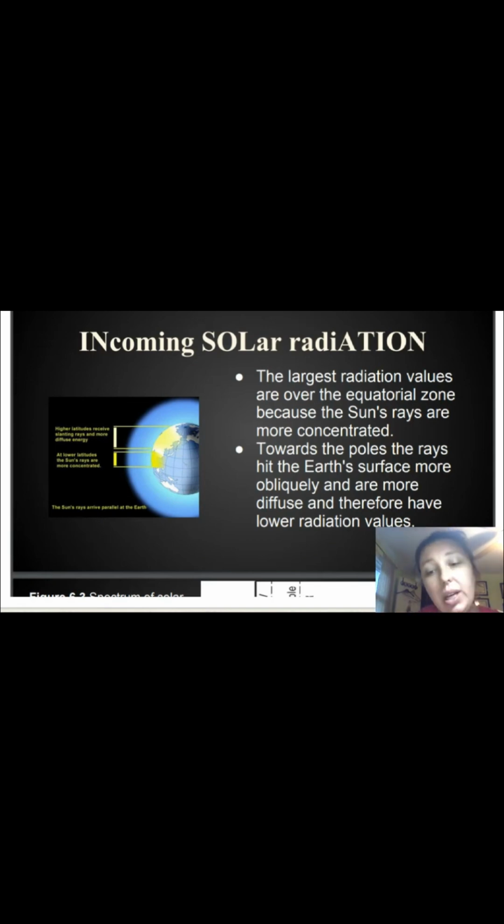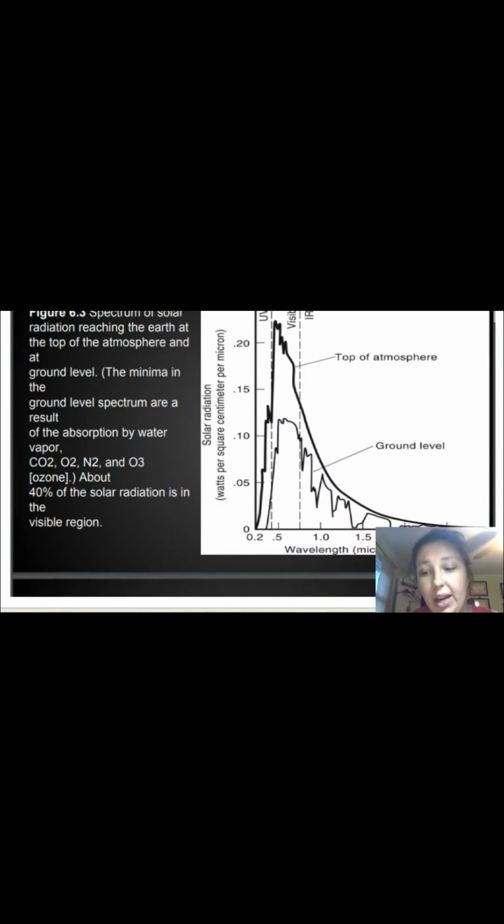So now looking at that surface of the Earth, we can look at this lovely little image here, and we can see that there's this spectrum of light curve and radiation measured in either a wave or in a particle, and you can see the wavelengths down here in micrometers written out, can be taken as gamma rays moving into the UV spectrum, so UV A, B, and C. The visible spectrum starting with your violets and moving all the way to reds. Then you get into near infrareds, middle infrareds, and thermal infrareds.